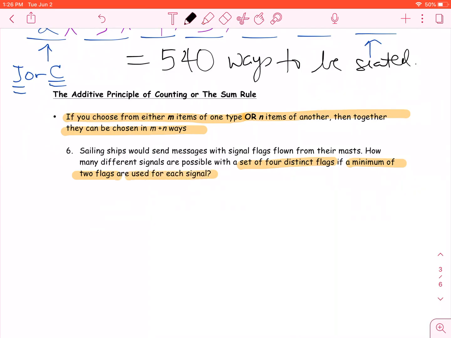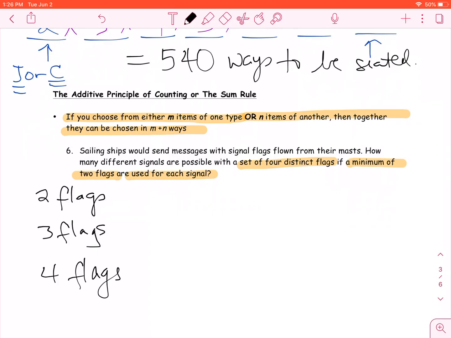Okay, so let's just consider how many flags are possible. We could have 2 flags here, 3 flags, 4 flags. Okay, now if a minimum of 2 flags are used for each signal, if 2 flags are given, that would be 4 times 3, which would be 12.